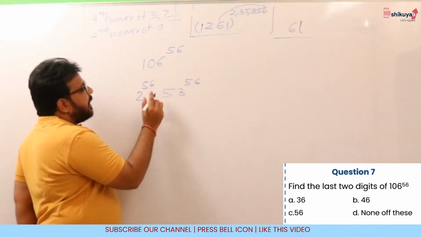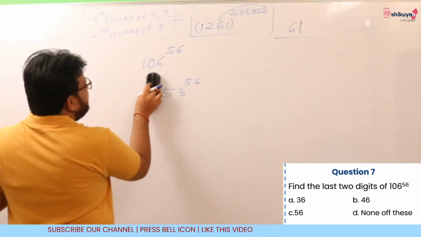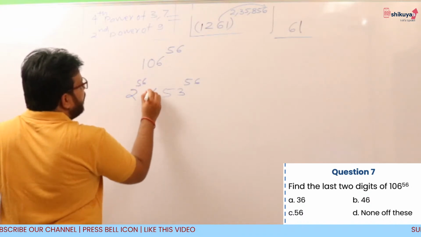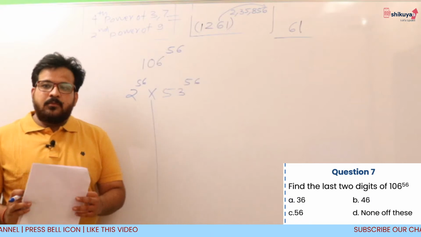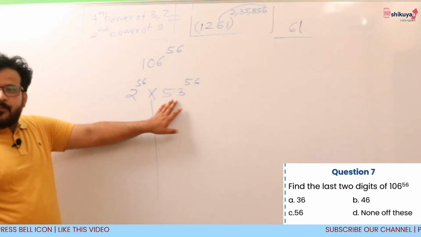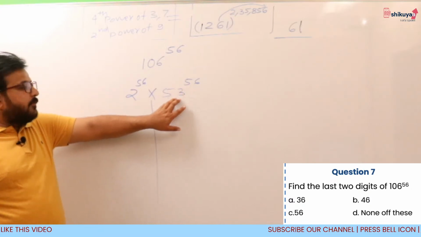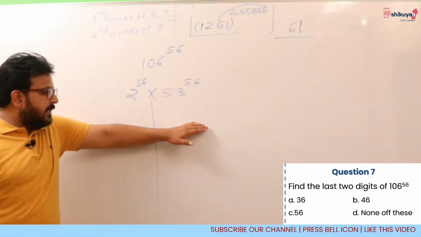I think everybody in this session is quite comfortable with this part now. Look at this. 53. Adjust the fourth power of 3. So 53 raised to 4 raised to 14 and you will get the answer.